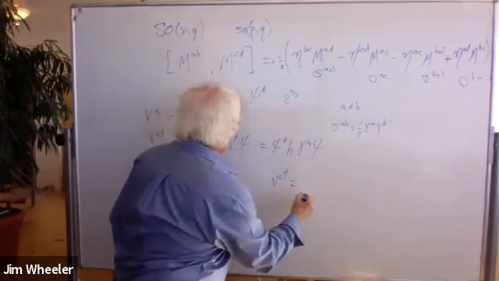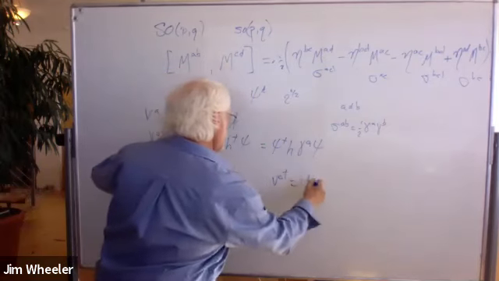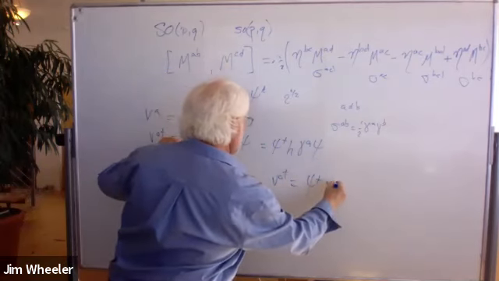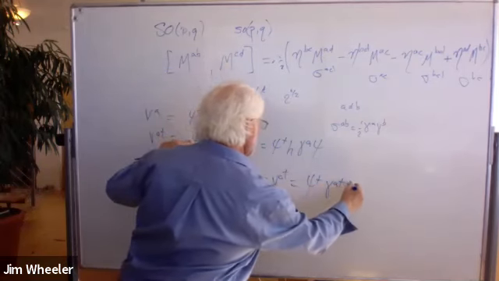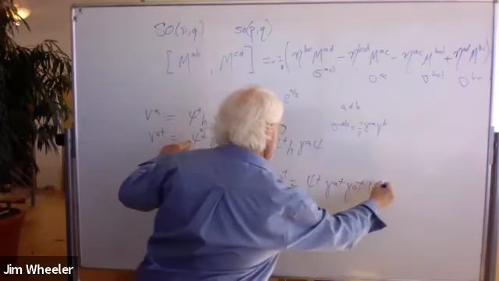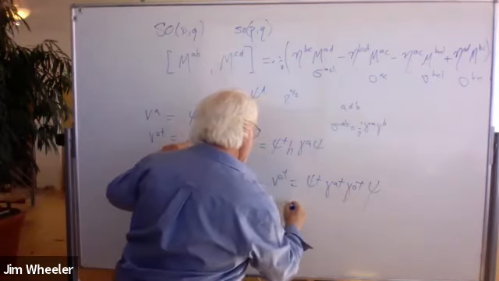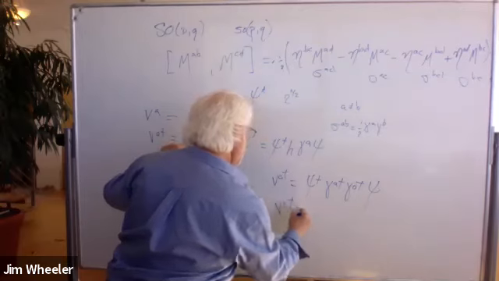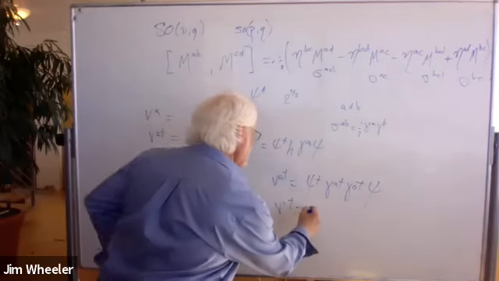VA dagger is, all right, psi dagger, gamma A dagger, gamma 0 dagger, psi. So VI dagger, the spatial ones, this is going to be minus.